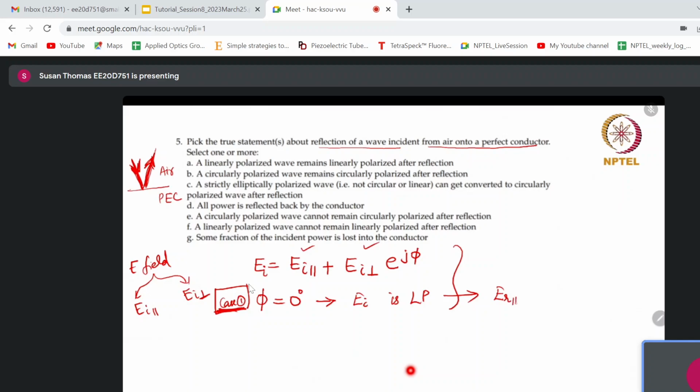Let me write ER as ER parallel and ER perpendicular. So ER parallel is gamma parallel times EI parallel, and ER perpendicular is gamma perpendicular times EI perpendicular. This is your reflected electric field, the parallel component and the perpendicular component. Adding these two, ER parallel plus ER perpendicular, you will get the net reflected electric field.